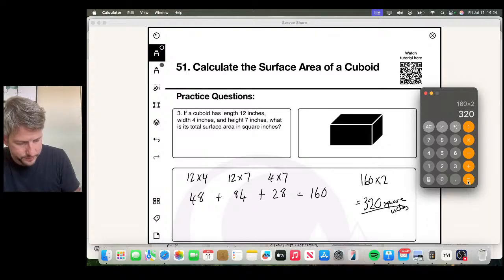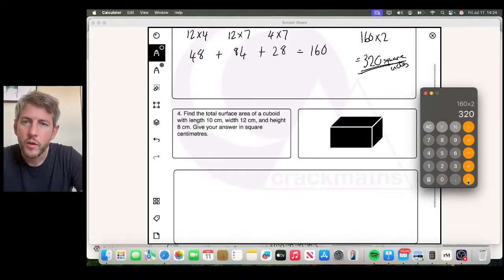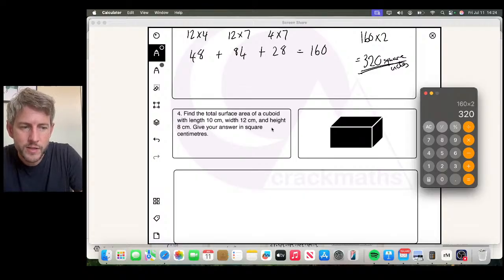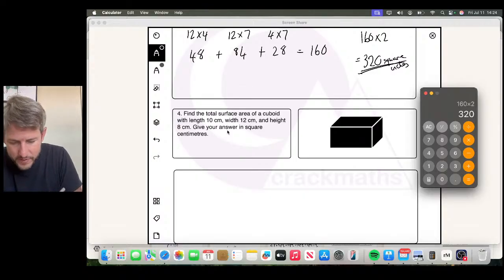Okay. Right, question 4. Find the total surface area of a cuboid with length 10 centimeters, width 12 centimeters, and height 8 centimeters. Give your answer in square centimeters. Okay, so let's sort that out. So we've got 10 by 12, 10 by 8, and then 12 by 8.